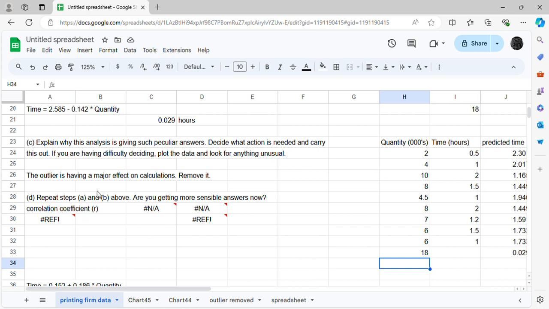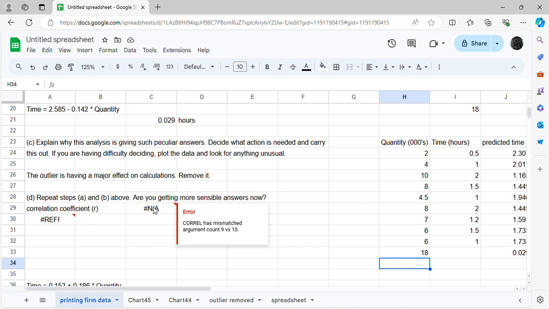So the outlier is having a major effect on calculations. We removed it. Then we repeat steps A and B above. Are you getting more sensible answers now?